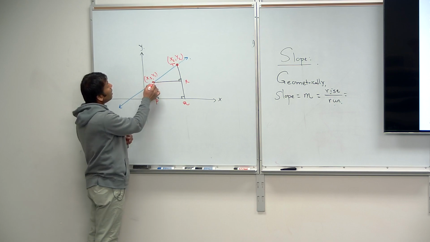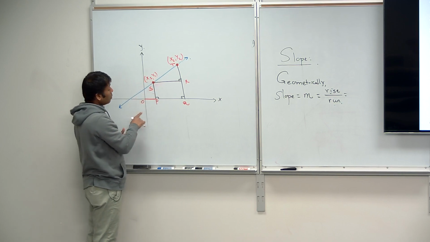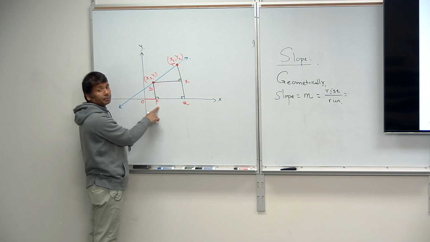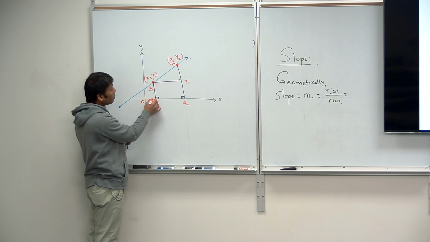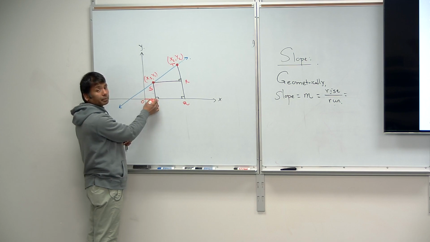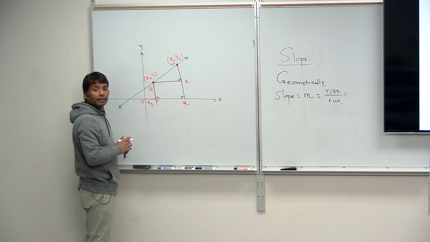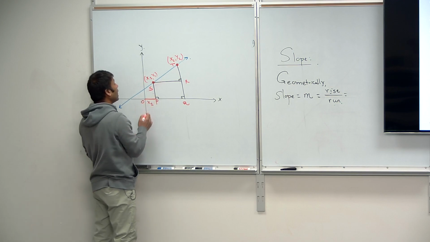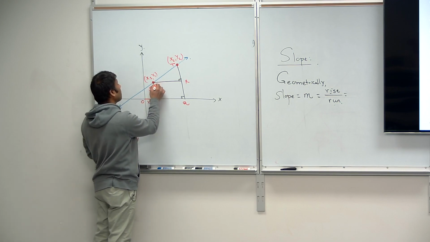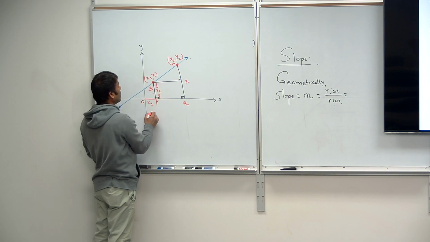What is the coordinate of this point S? x1, y1. Is that right? So what is OP? You go how many units from here to P? x1, is that right? So this is x1, and what is SP? y1. Good.